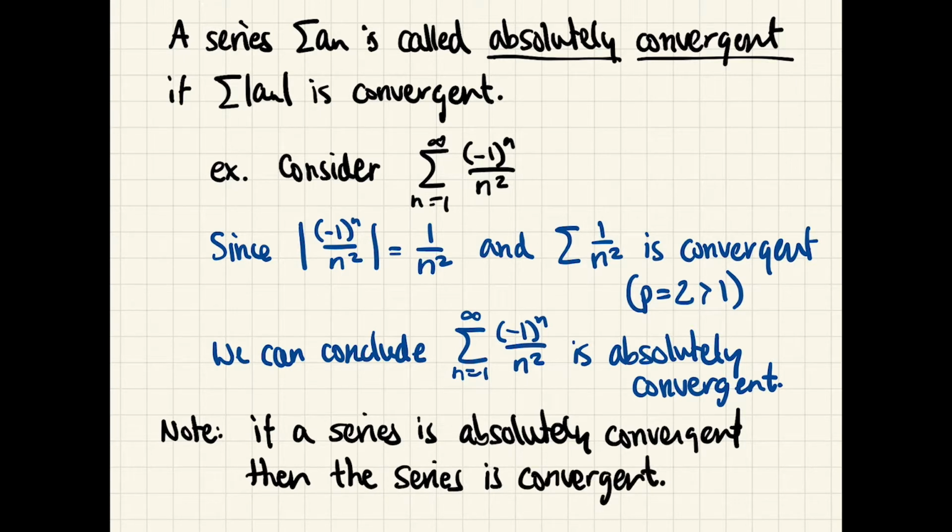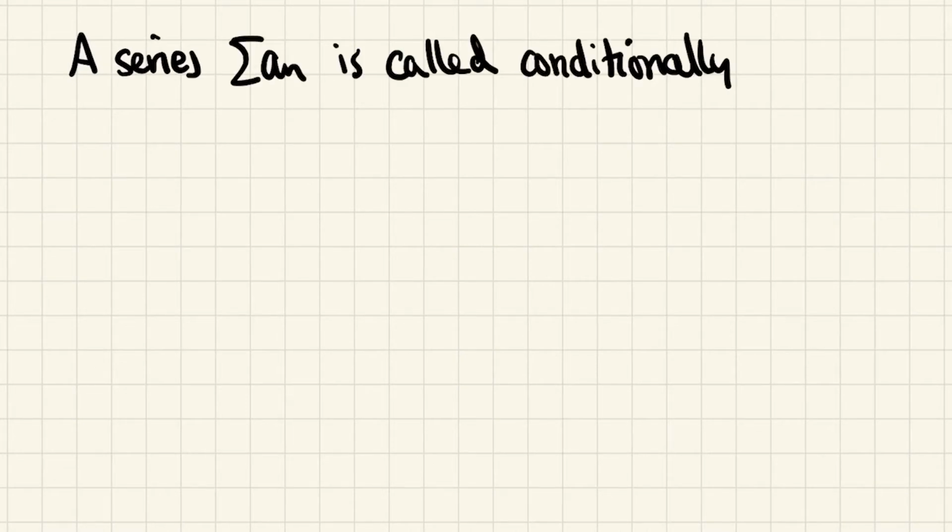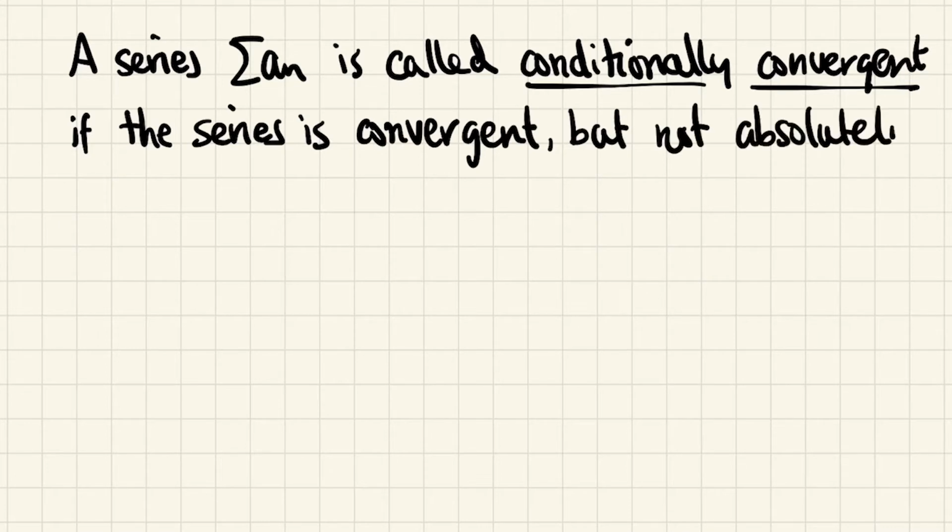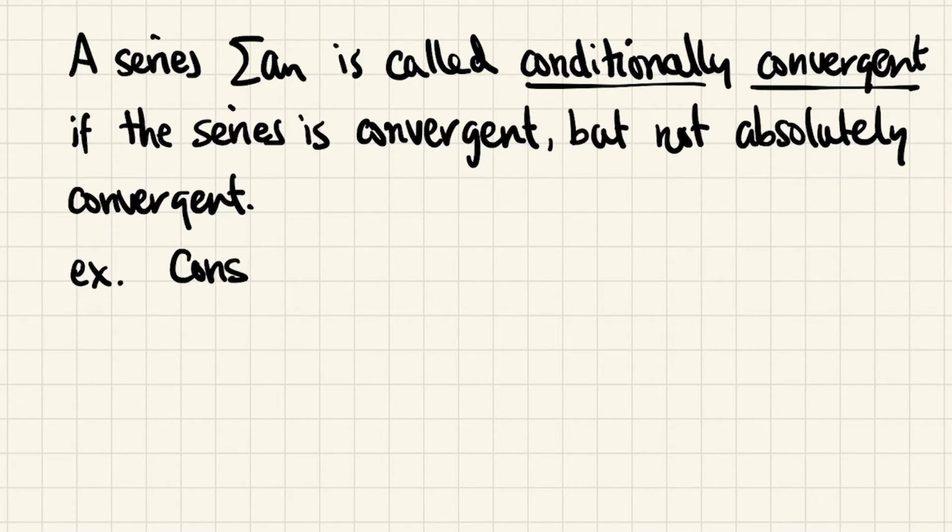All right, so what if you have a series that's convergent, but not absolutely convergent? All right, well, this would be called a conditionally convergent series. So just as a quick example of one of those, let's consider this particular series.